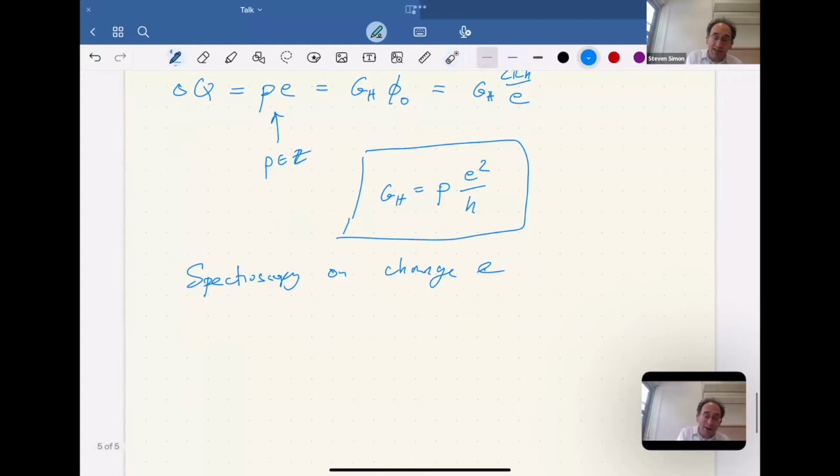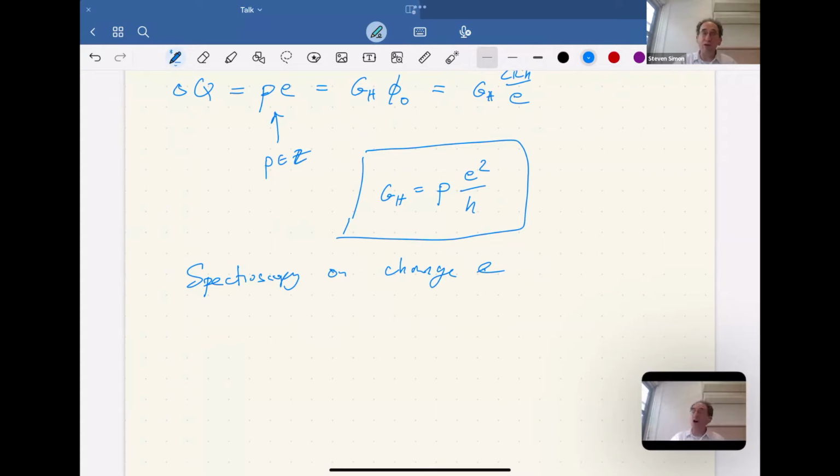Now, it may be the case that p is 0, in which case there's no Hall conductance and you don't transfer any charge at all. But what von Klitzing discovered is that in two-dimensional electron systems in high magnetic field, p is non-zero. You can get a non-zero result.